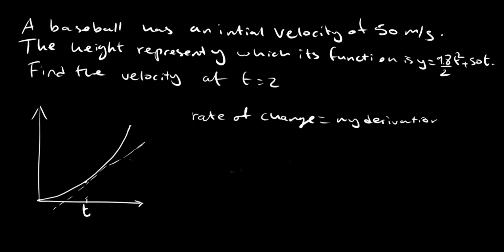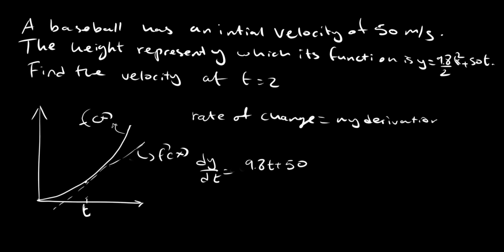So how should we do this? Well, this is my f of x. And this is my f prime of x. Right, so let's derive our function. If I derive my function, I'm going to have dy over dt equal to 9.8t plus 50.